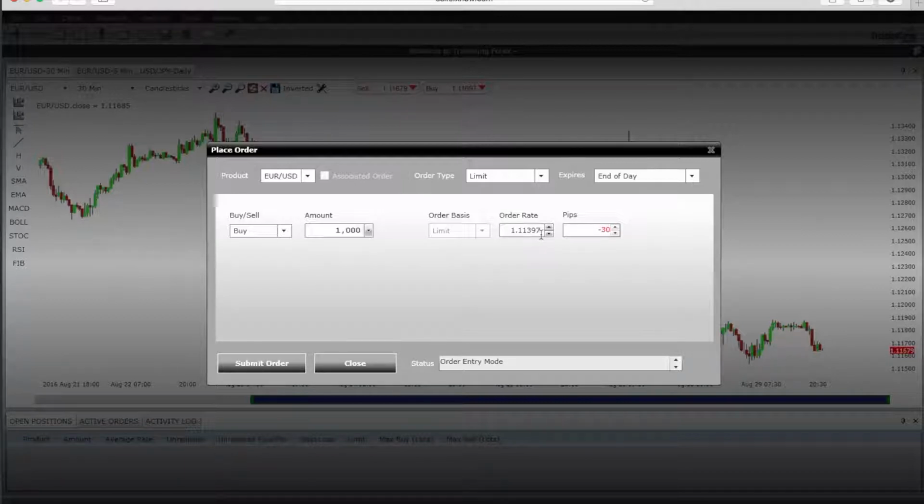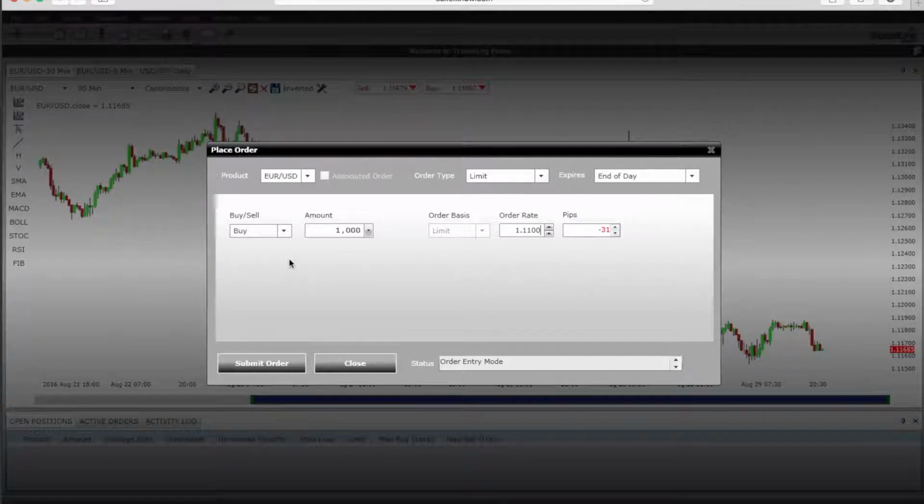This updates according to the current rate. Let's say you think prices might go down over the next hour or so, and you think this current price is a little expensive, so you can either hit this and lower the price, or you can just type in and say, I don't want to pay more than 1.1100 for the euro-dollar pair, and therefore as soon as prices dip down and hit this level, that is when your buy order will go into place.